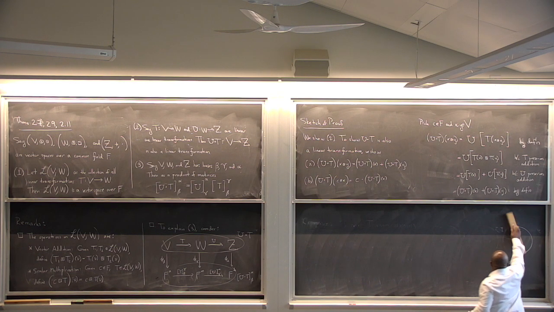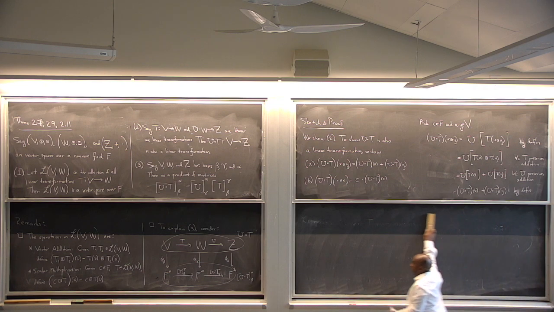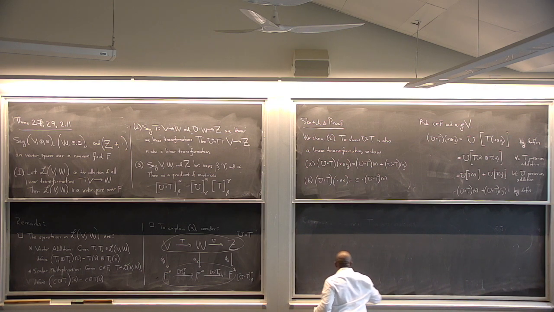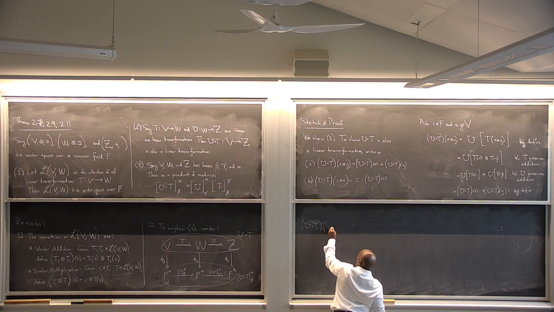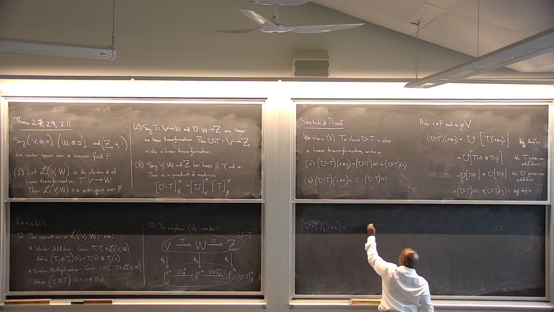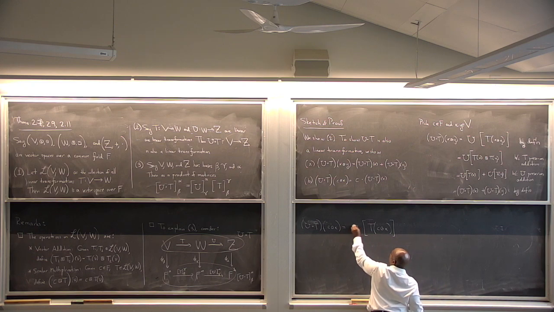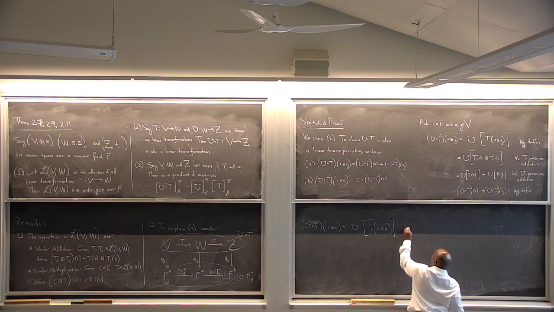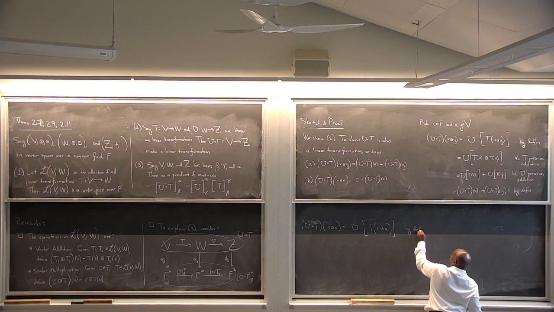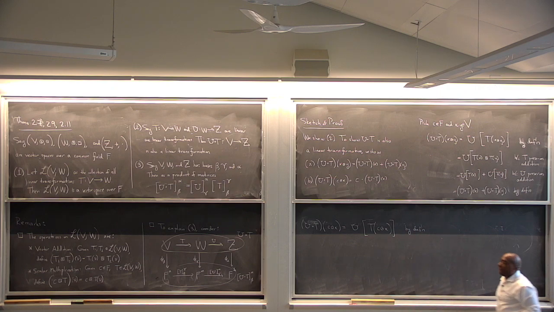Now let's also do part B. It'll be very, very similar. So here I want the composition, and here's the scalar multiple. So of course, first, operate on the scalar multiple, and then I see what is the image under U. So this is by the definition of composition.